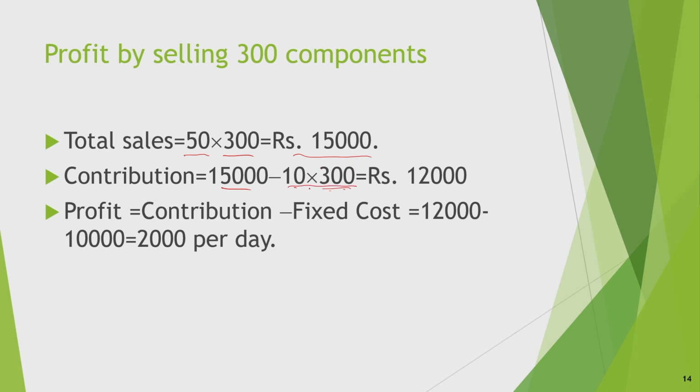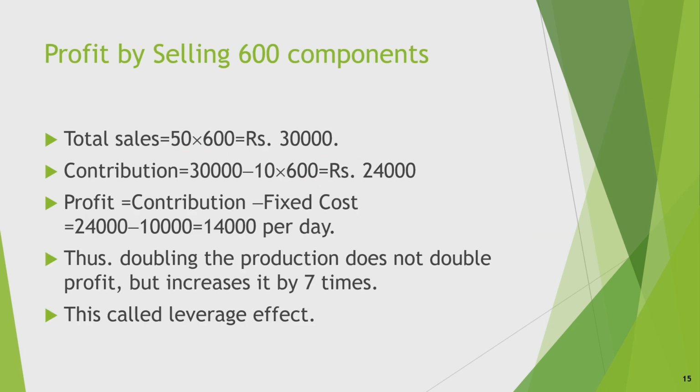So, 15,000 minus 3,000, that means 12,000 is the contribution. Now profit is equal to contribution minus fixed cost. Contribution is 12,000, fixed cost is 10,000. So, you get 2,000 per day profit.